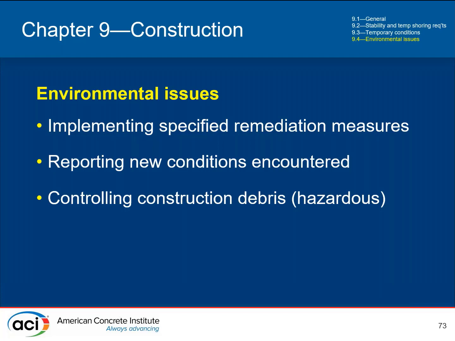The second type of environmental issue that the licensed design professional needs to consider, and communicate the responsibility for to the contractor, is unknown or new conditions present in the structure that the licensed design professional, after reasonable due diligence, was not aware of. So what is the responsibility of the contractor in that case?